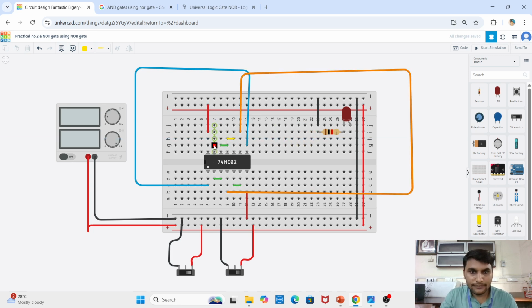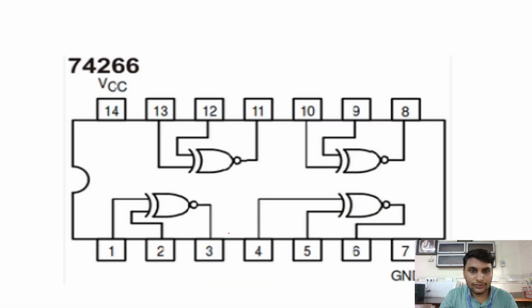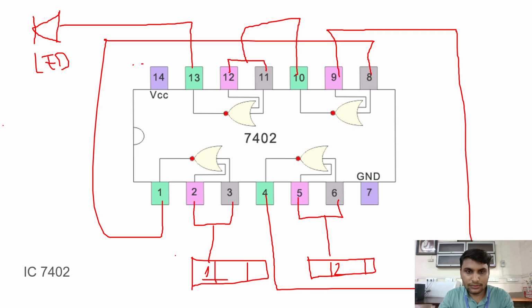Choose a wire from pin number 13. So see here, I have connected one slide switch at gate number 1 and another slide switch at gate number 2.